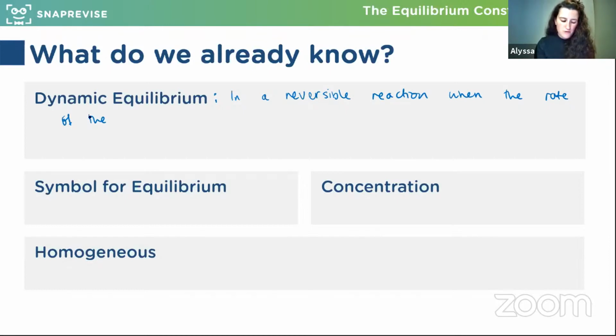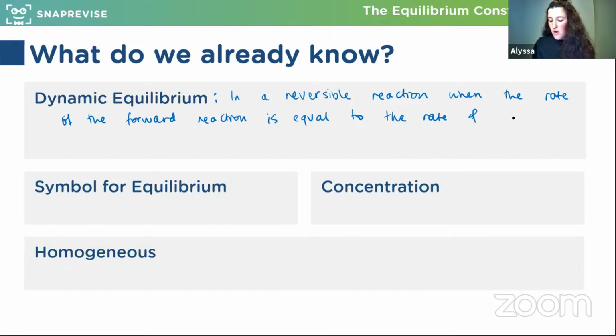And what does that mean for the concentrations of reactants and products? They are the same. Good. So the rate is equal to, notice we use equal to, you can say the rates are the same, when the rate of the forward reaction is equal to or the same as the rate of the backwards reaction. And it's in a closed system.